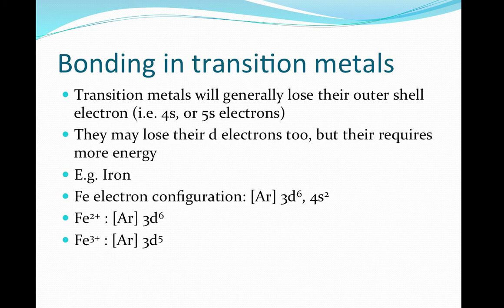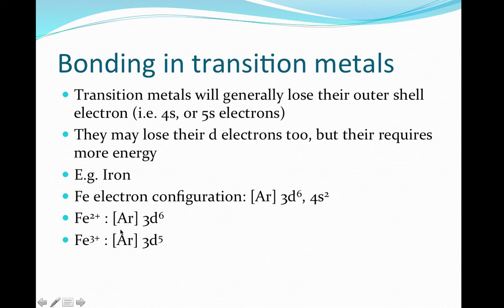So generally, we're losing the outer shell electrons, but they can lose their d electrons too, but that requires more energy. So iron, for instance, has an electron configuration which is argon, plus then you've got 3d6 and 4s2. If it makes 2+, it just loses these 2 electrons.